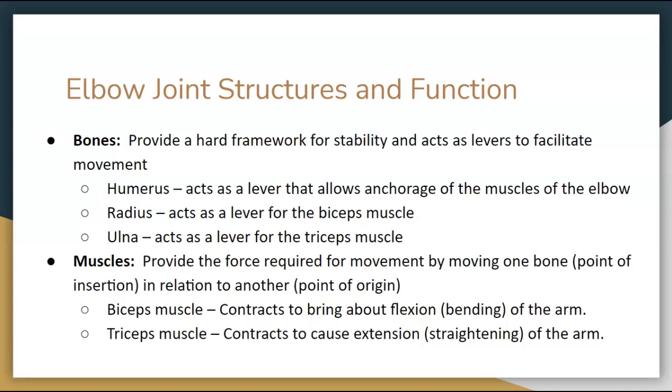In terms of muscles, the point of origin and the point of insertion, I don't really need you to know that. But it's basically where one area moves and one is connected to the bone. So the bicep muscle is responsible for flexing your arm, right?